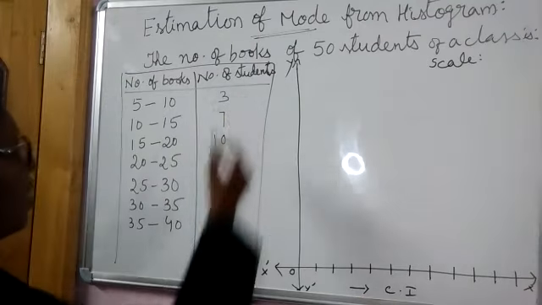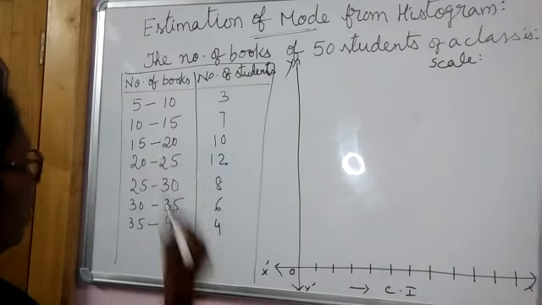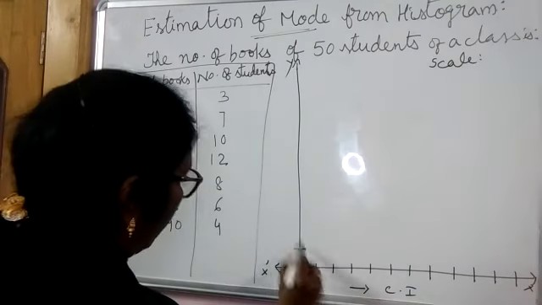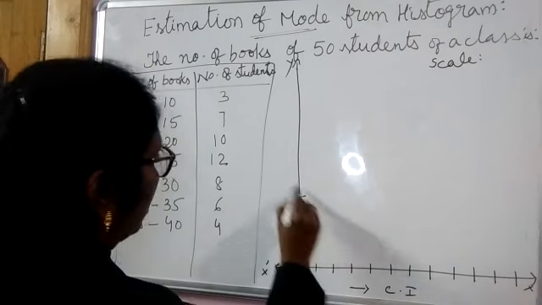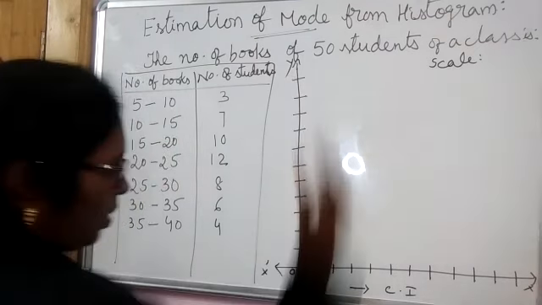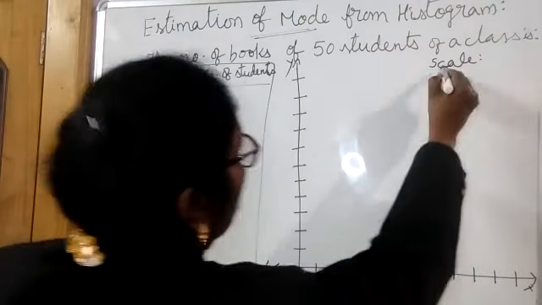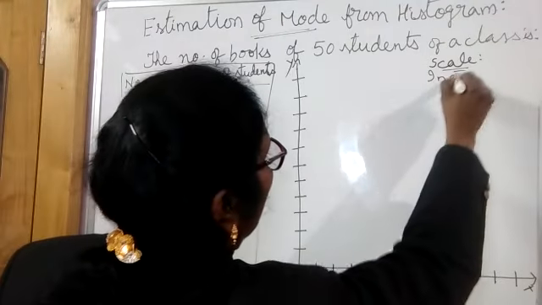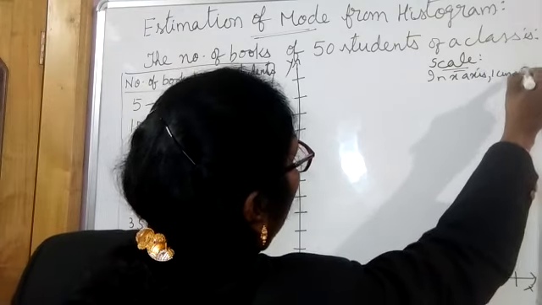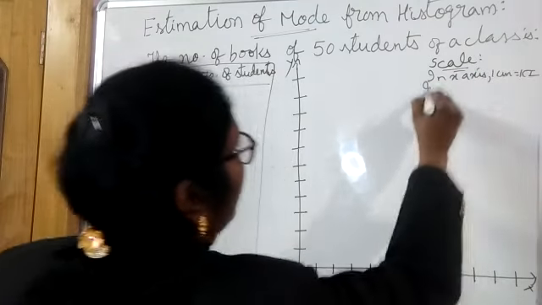And here you see the number of students, the maximum number of students is 12. The least is 3. So let us take 1 cm square boxes. Let us take the scale as, in the x-axis, 1 cm equal to 1 class interval.